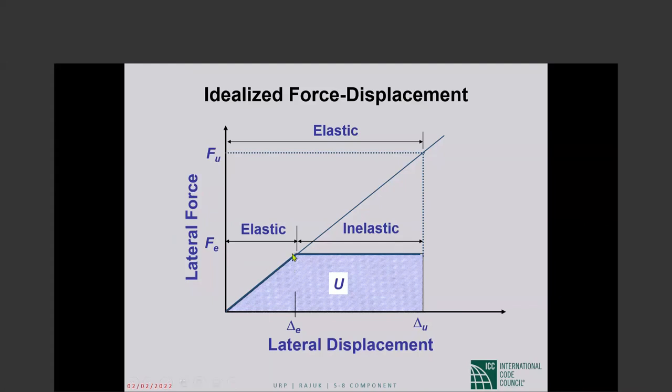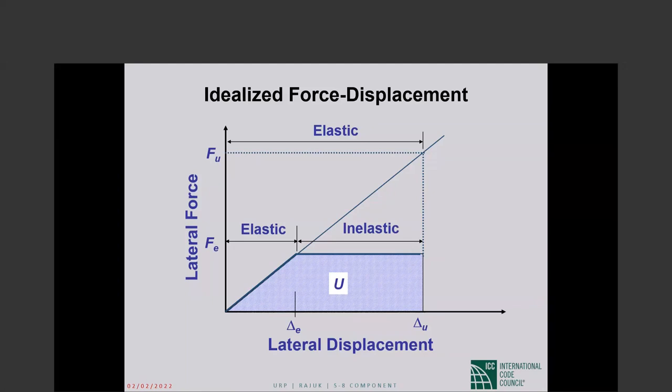That will be the beginning of inelastic displacements, which will not follow the flat top that I have in this idealized picture. But the fact remains that at that point, we will no longer have our displacements recoverable. There will be damage associated with further displacements. The structure will have to be repaired.